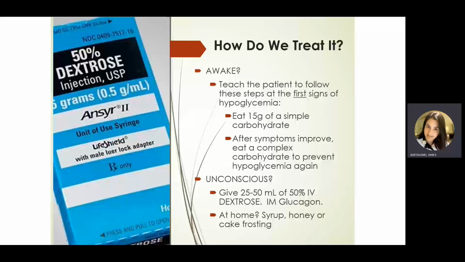If someone's awake, we want to go with the 15 carbohydrate rule. It's called the rule of 15, where we tell our patients to eat 15 grams of simple carbohydrates. Simple carbohydrates are something like a soda or hard candy, or a tablespoon of syrup or honey.